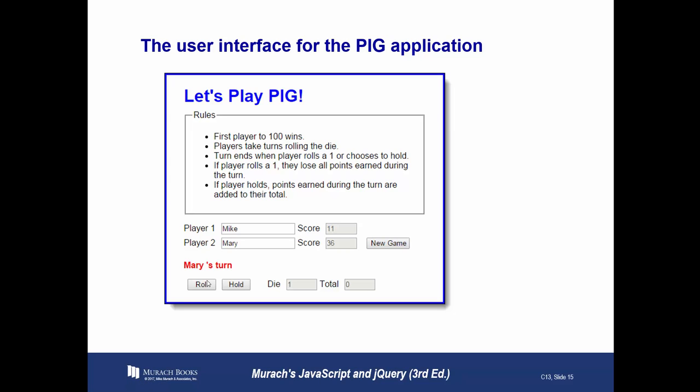Then a player can click the Hold button and keep the points they have during that turn. If they roll a 1 before clicking the Hold button, the turn ends and they get 0 points. So for instance, I could keep getting 6s and 6s and 6s and be going up, and all of a sudden I get a 1 here, and I get a 0 for that turn.